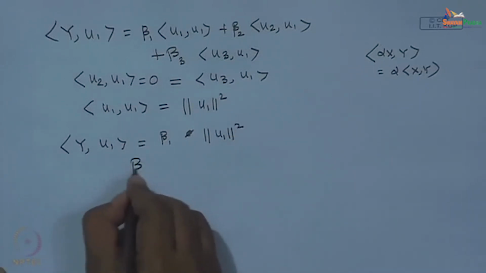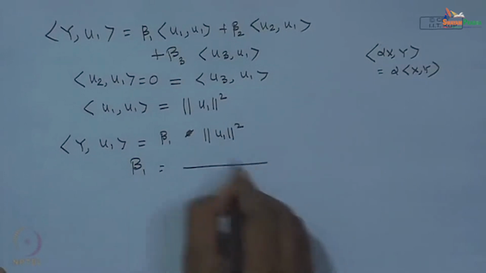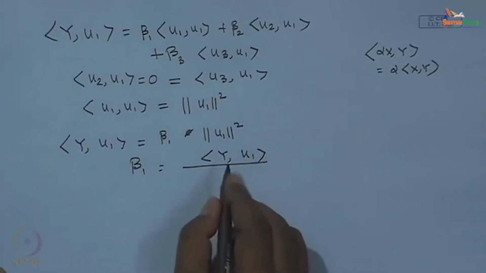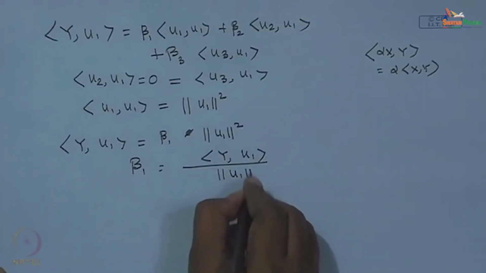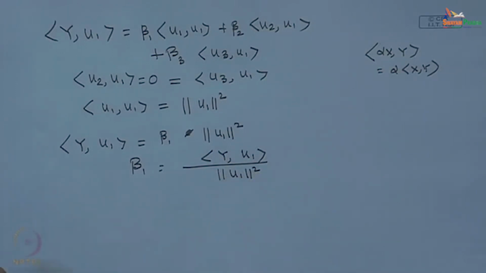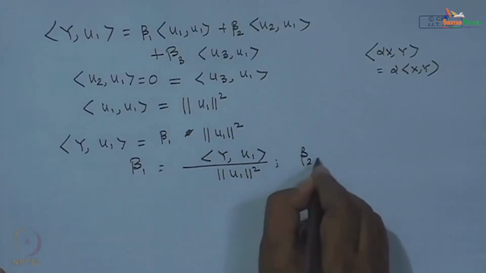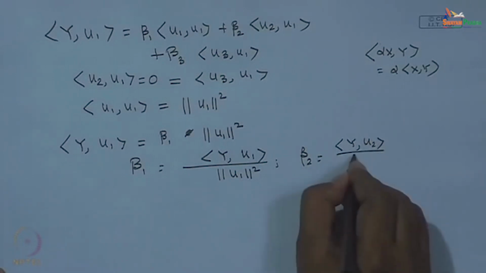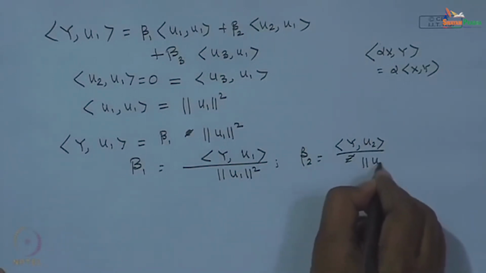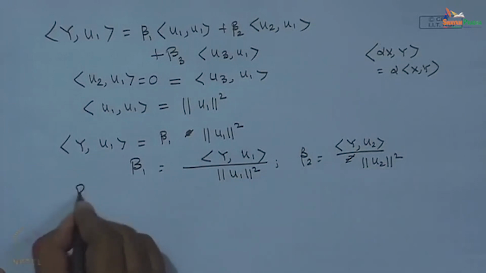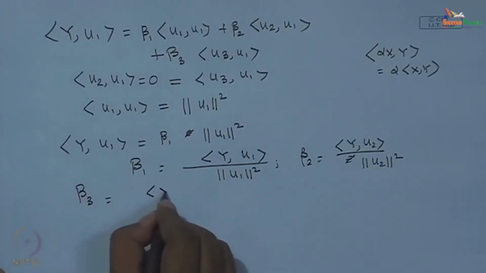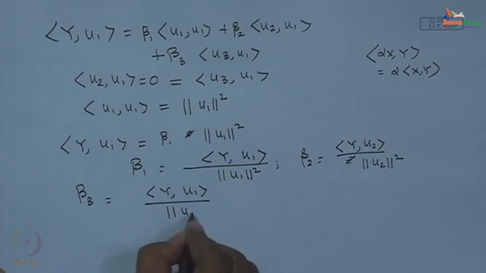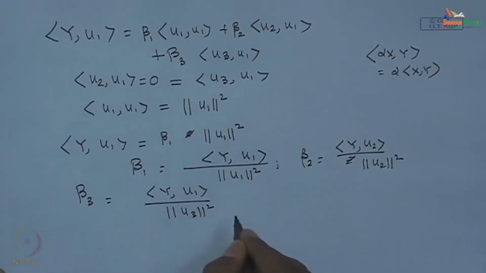So, beta 1 can be identified as the following quantity: the inner product of y and u1 divided by norm of u1 squared. Similarly, we can identify beta 2. This is nothing but the inner product of y and u2 divided by norm of u2 squared, and beta 3 is nothing but the inner product of y and u3 divided by norm of u3 squared.